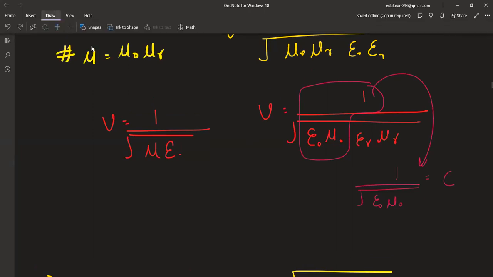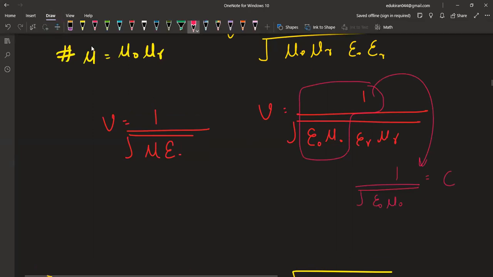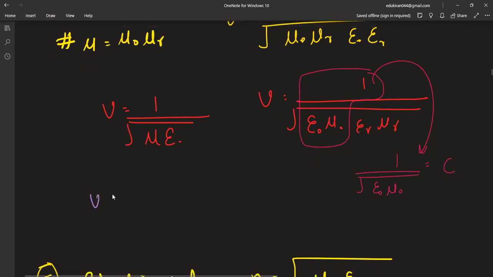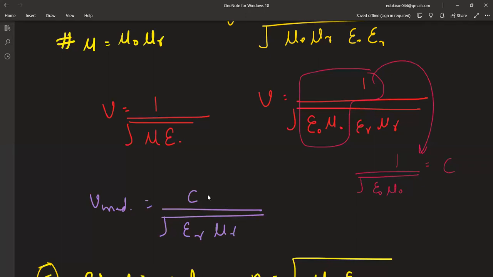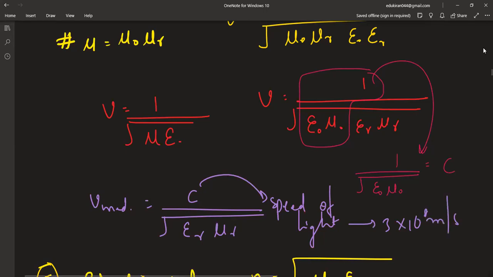So now we have a relation between the speed in any medium and the speed of light, which we had seen in the third point. The velocity in any medium is c divided by under root epsilon r mu r. Here c is the speed of light, whose value we'll write as 3 into 10 to the power 8 meter per second.